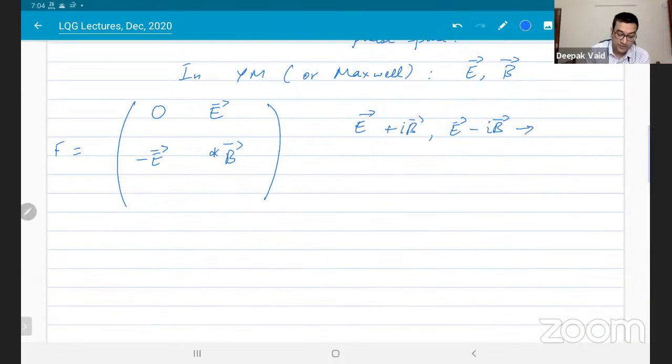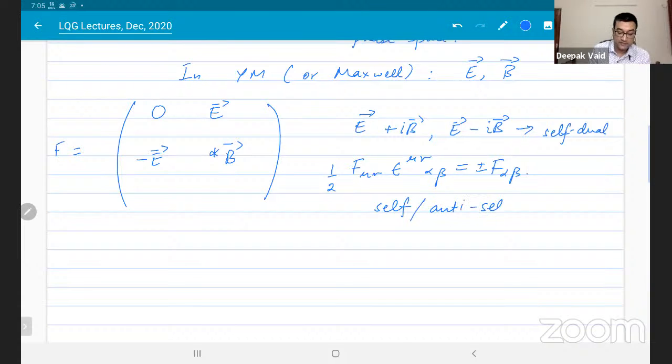So these correspond to the self-dual. So curvatures which have this property are called self-dual. So if this curvature satisfies this property, what is the meaning of self-dual? It means that if I take the dual of this curvature, I get the same thing. So it can be plus or minus. So this means it is self slash anti-self dual, right? So this condition, right, exactly.